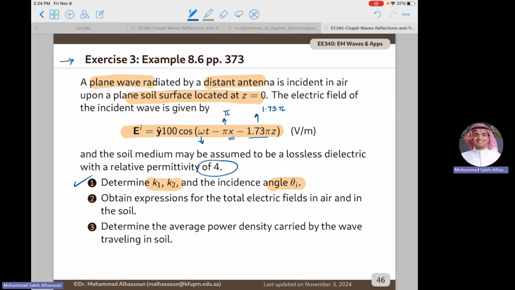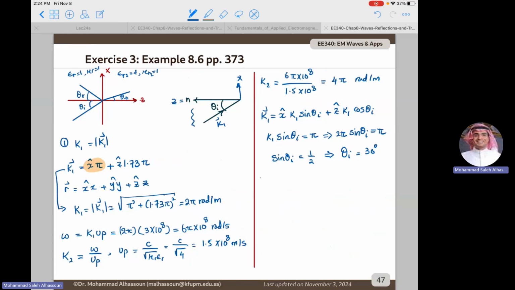The second part is we want to obtain the expression for the total electric fields in air and in solid. Basically, we want to find the total electric field in medium 1, which is air, which is the incident plus the reflected.